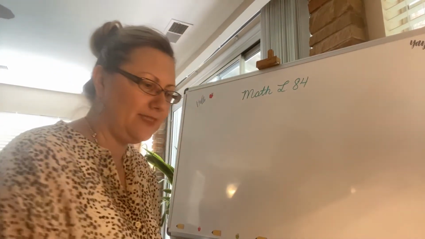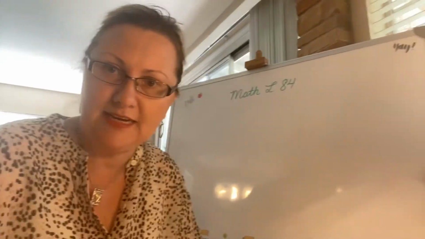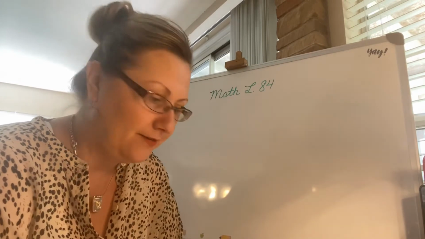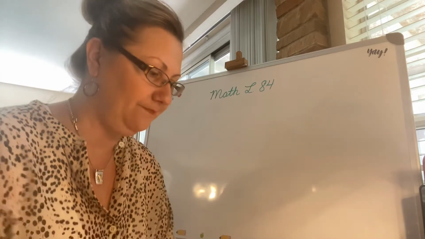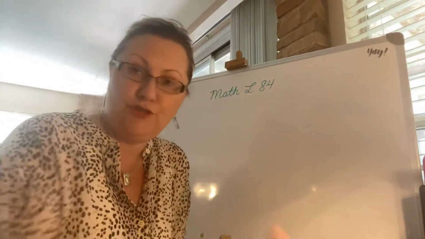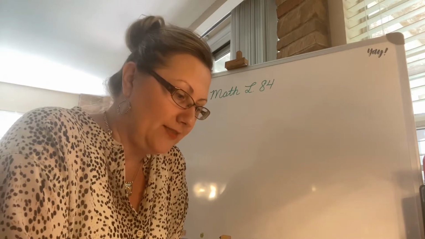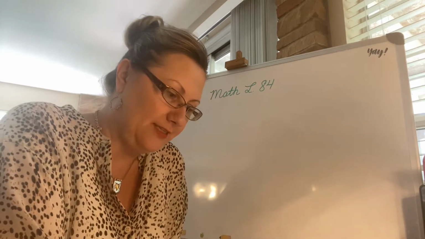And this problem says Shunsuke, another interesting name, Shunsuke, bought a pair of shoes priced at $47.99. The sales tax was $2.88. Shunsuke gave the clerk $60. How much change should he receive?